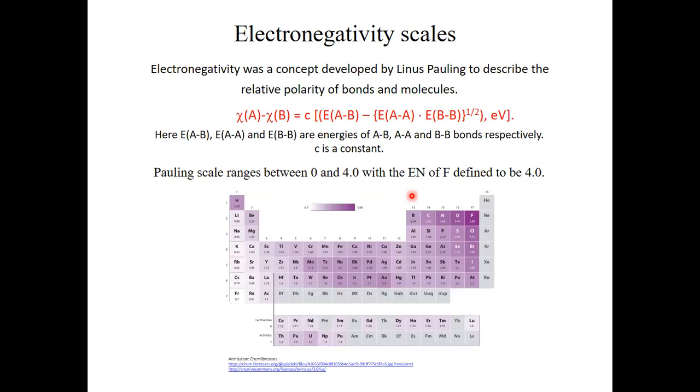This original work has been done by Linus Pauling, and he also developed the first electronegativity scale, which related bond polarity to electronegativity and related differences in bond energies to bond polarity and electronegativity.